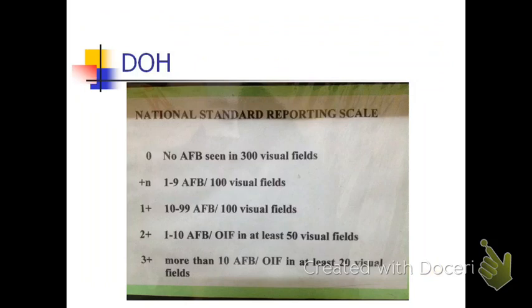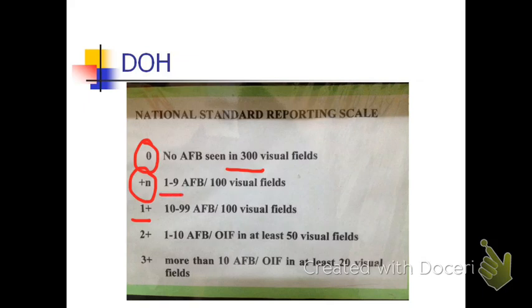So you place 0 if you are not able to see acid-fast bacilli, but you have to visualize 300 fields. Plus N if you're able to see 1 to 9 AFB for every 100 microscopic fields. Plus 1 if you're able to see about 10 up to 99 AFB for every 100 fields.